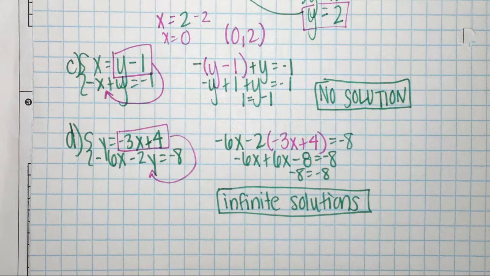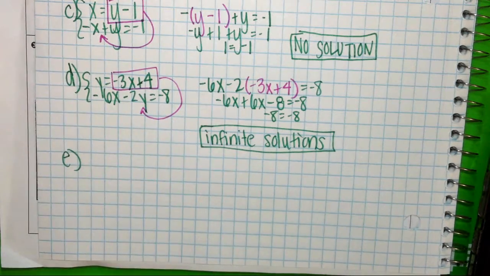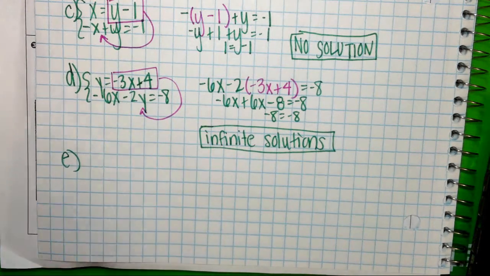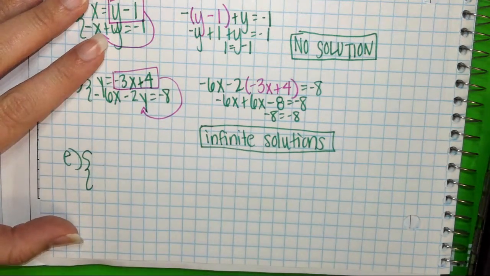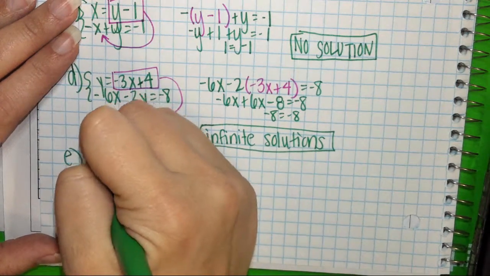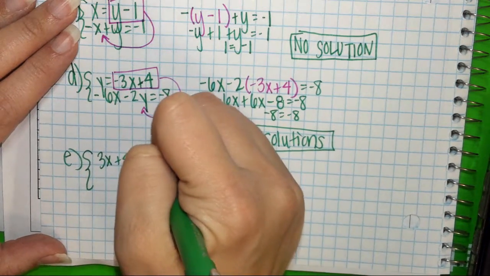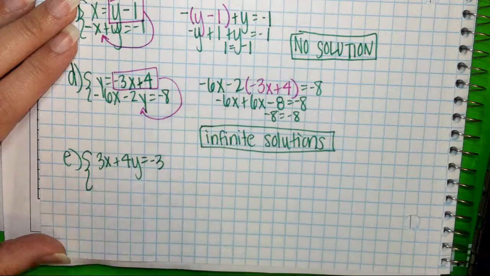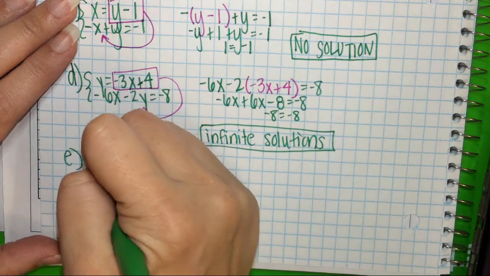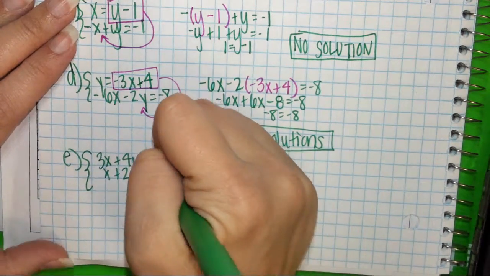So what if it looks like 3x plus 4y equals -3, and x plus 2y equals -1.